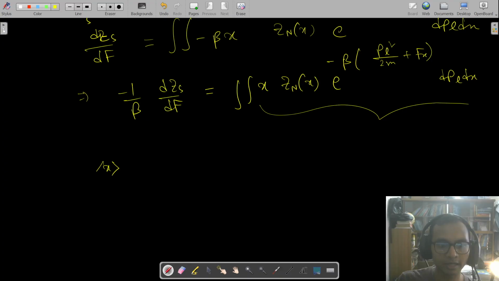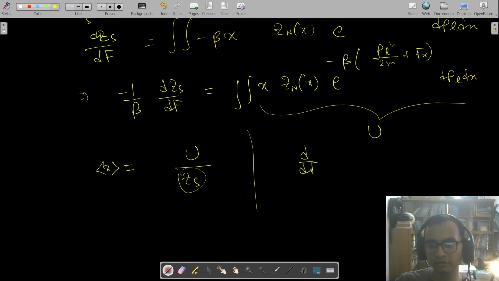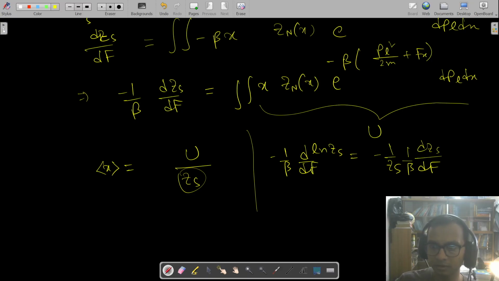But x average has this Zs down there. How do you get this thing? Well, consider this thing, d/df of ln Zs. Now Zs comes out also minus beta, and we have dZs by df over Zs.